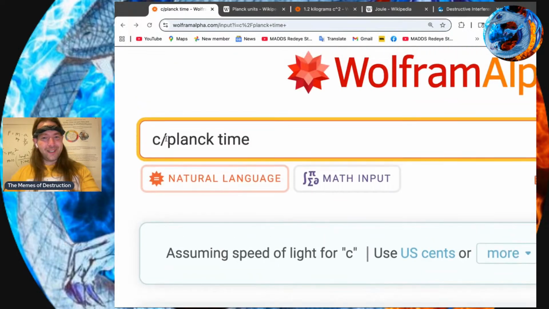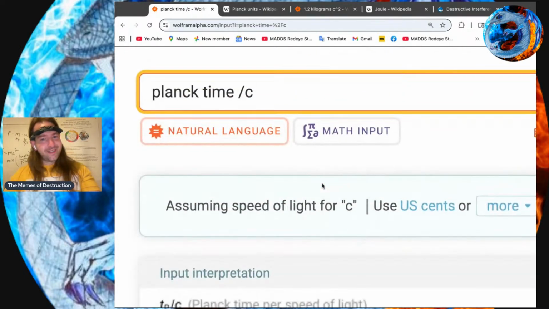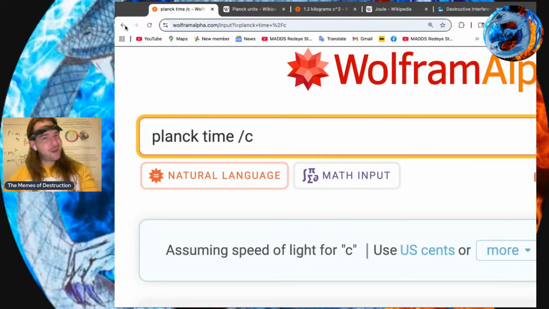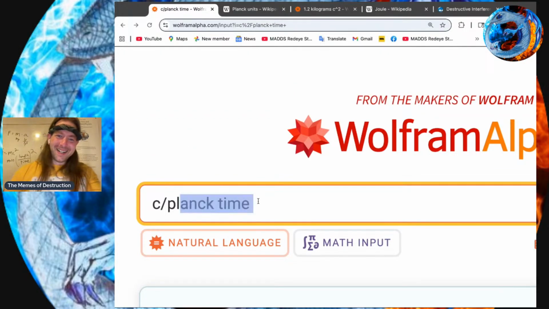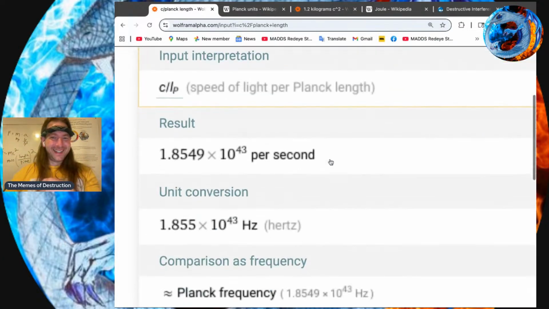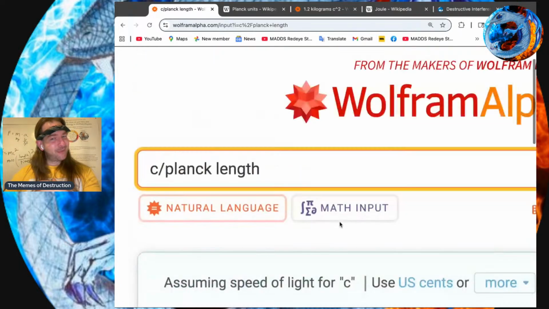If we go back and divide by time... okay, that's not what I meant to do. Basically, if you just do Planck length, I'm sorry, nobody's ever been confused about units. Oh, look, we get a frequency, the maximum frequency.